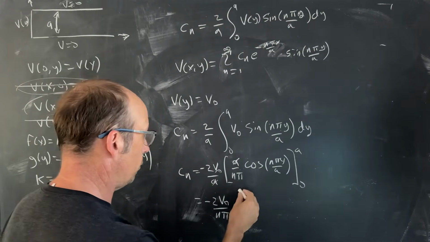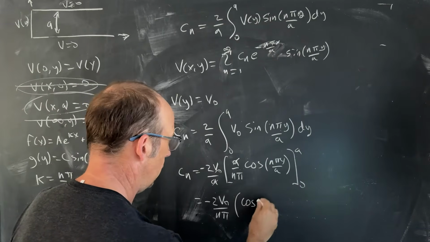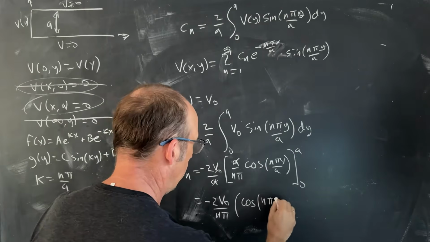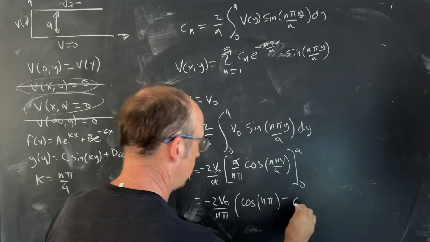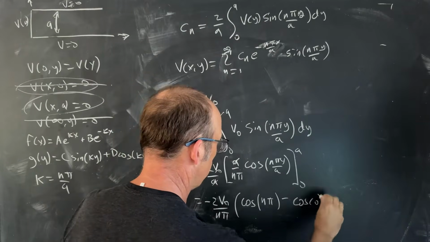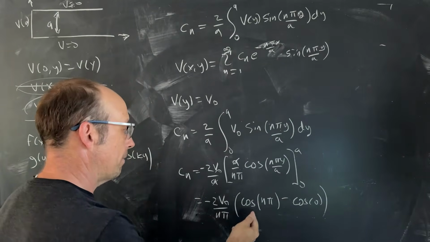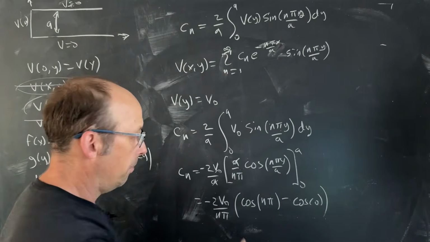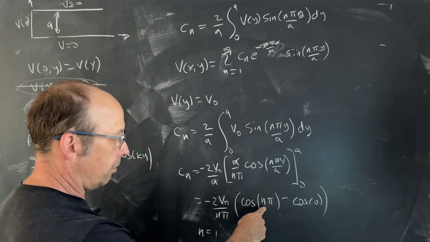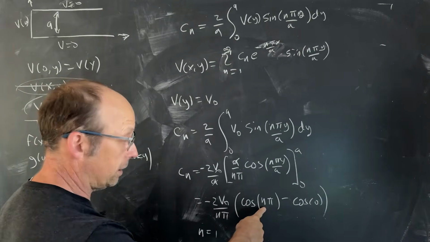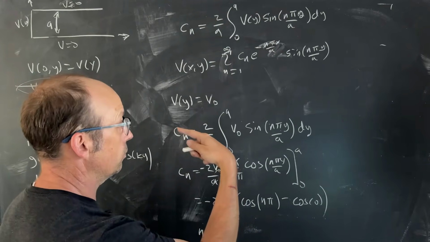So I get negative 2 V0 over n pi, times cosine of n pi a over a, minus cosine of 0. We can leave it this way for the program. But you see here that if n is equal to 1, then cosine of pi is negative 1.